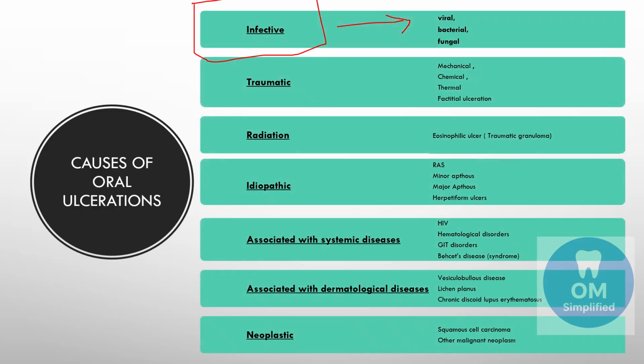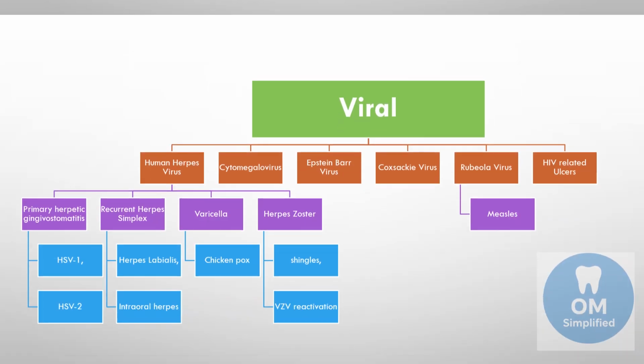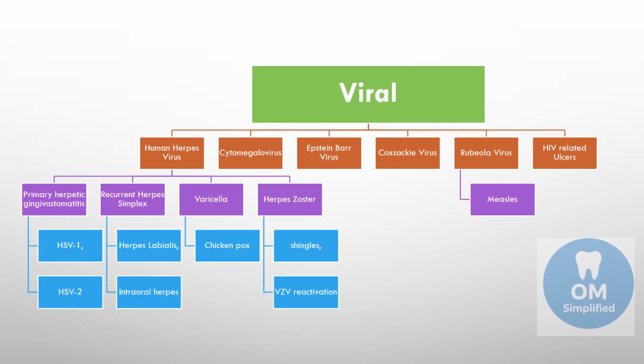Now, if we look at the infective causes of oral ulceration, they can be viral, bacterial, or fungal. Today, we will only be discussing the viral causes of oral ulcerations. For the ease of this presentation, I've mapped out a chart that displays some of the viral infections that can cause ulcerations in the oral cavity.